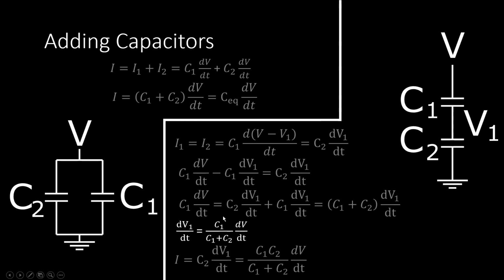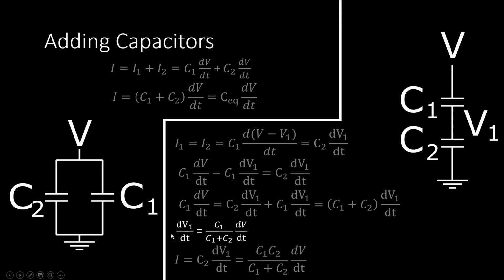But ultimately, we want to get back to that format where we have the voltage to current relationship for a capacitor. So to do that, we'll go back up to the beginning here. So we know the overall current flowing through the circuit is equal to the capacitance of capacitor 2 times dV1/dt.